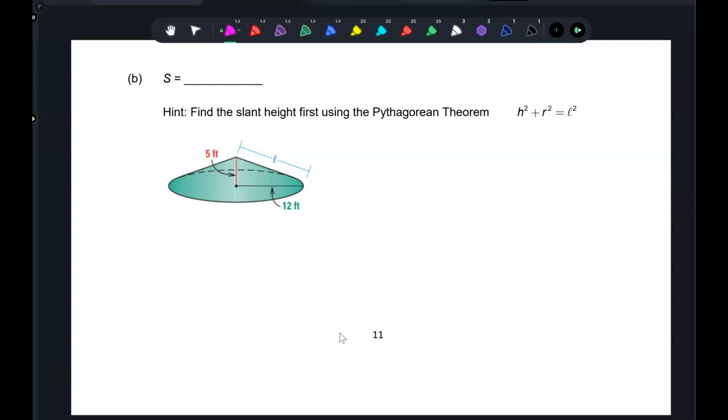Okay. So we're going to find the surface area of the next one. This is the last problem. But we need to figure out the slant height first. So 5 squared plus 12 squared equals L squared.